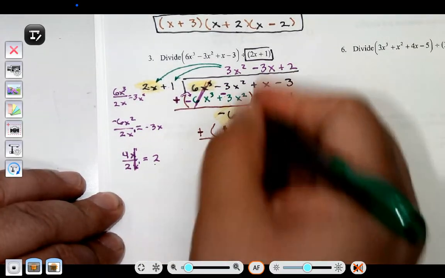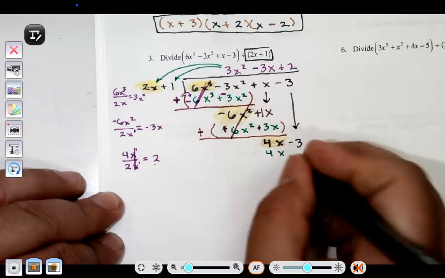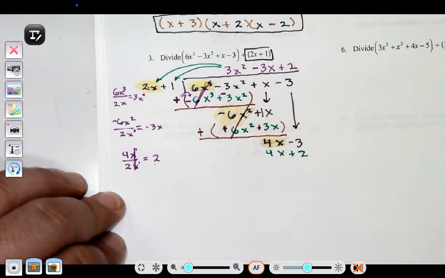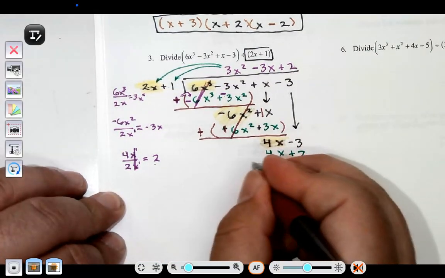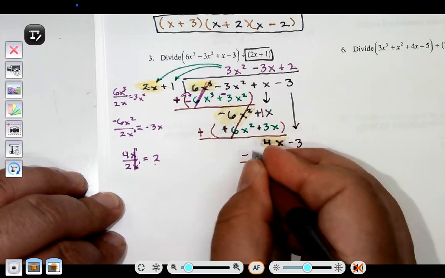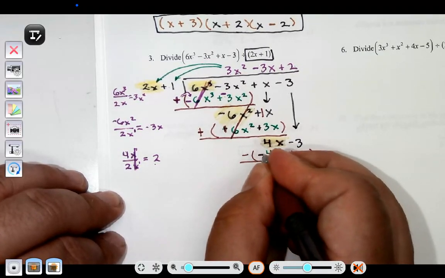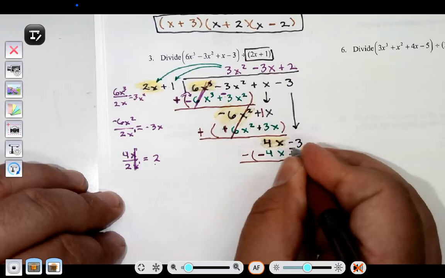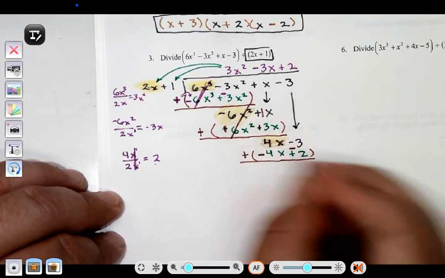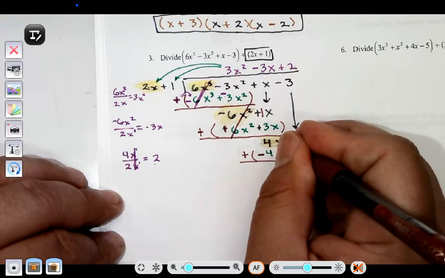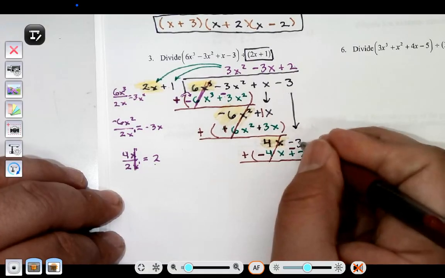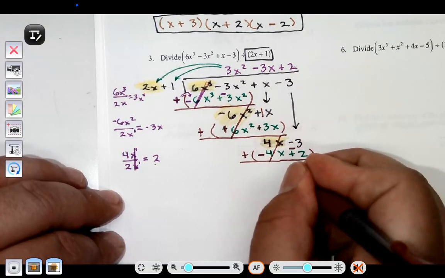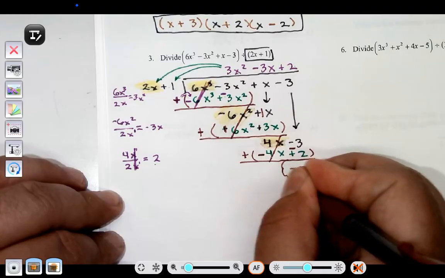See, everything lines up. 2 times 1 is just a 2. But we are going to change all of the signs because we are subtracting. So this becomes a negative. This becomes a negative. Now I can combine because I changed them. The 4x is gone. And negative 3 and negative 2 make negative 5. And that's what we call our remainder.